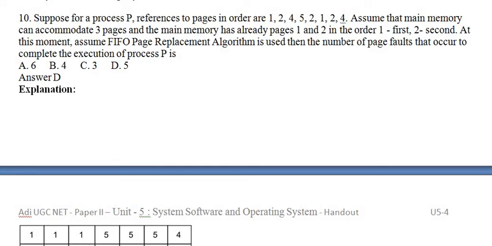Page frames 1 and 2 are filled with pages 1 and 2. At this moment assume we are following the FIFO page replacement algorithm, then the number of page faults that occur to complete the execution of the task.